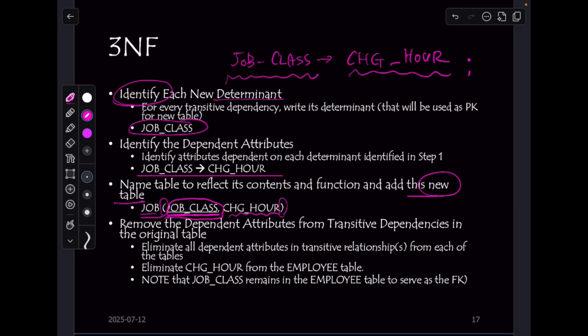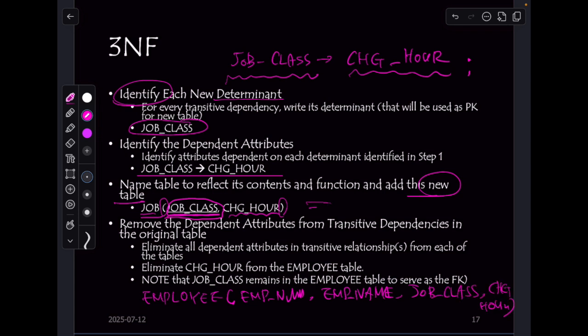Now, since we created a new table, we have to remove some attributes from the original table. If you look at the original table in the second normal form, you may remember Employee, and what we have originally: employee number, employee name, job class, and charge hour. When we created this job table, job class and charge hour moved to the new table. Employee number is the primary key, by the way.